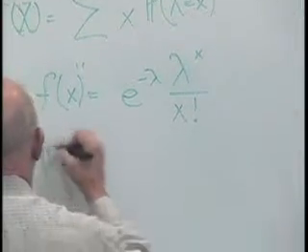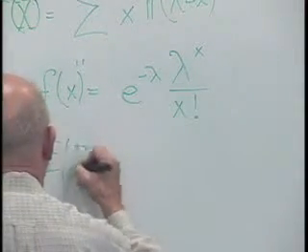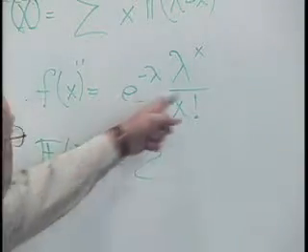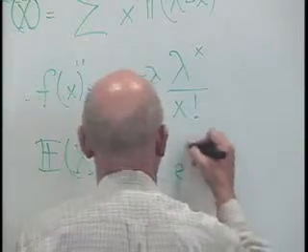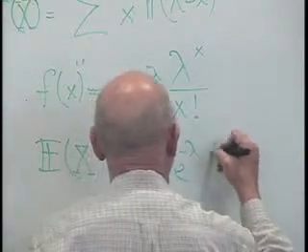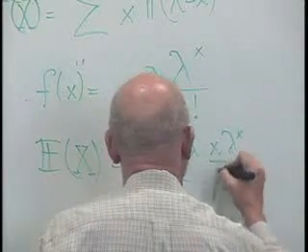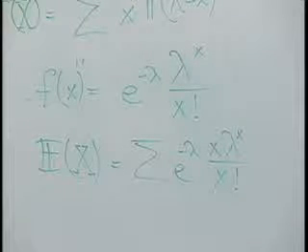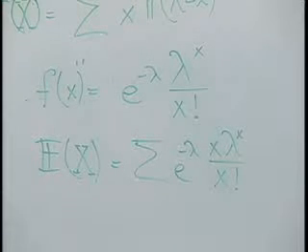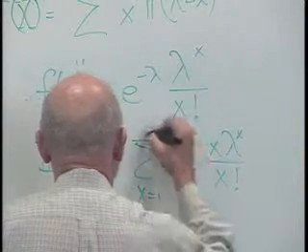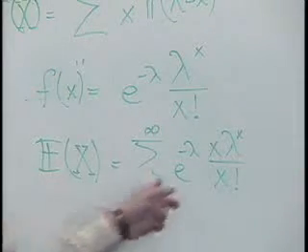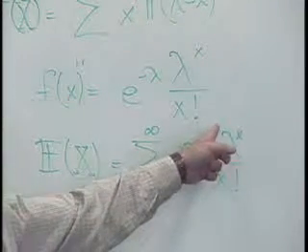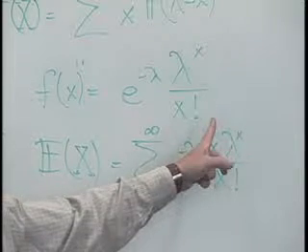To compute the expectation, all I have to do is multiply this mass function by x and sum over all the possible values of the variable. And I'm going to do something slightly clever and often useful. I'm going to write the sum as going from 1 to infinity on the grounds that when x equals 0, this x in the numerator will kill the term off.